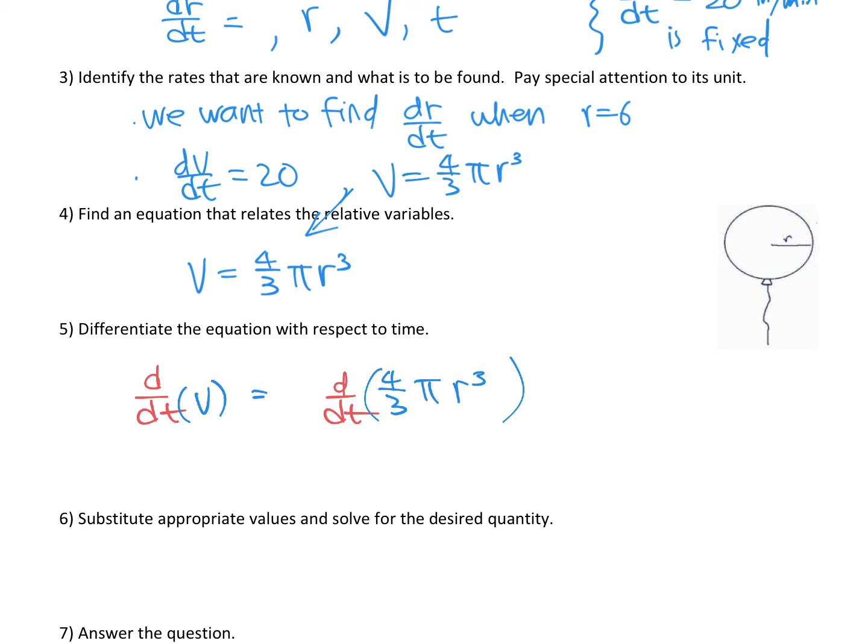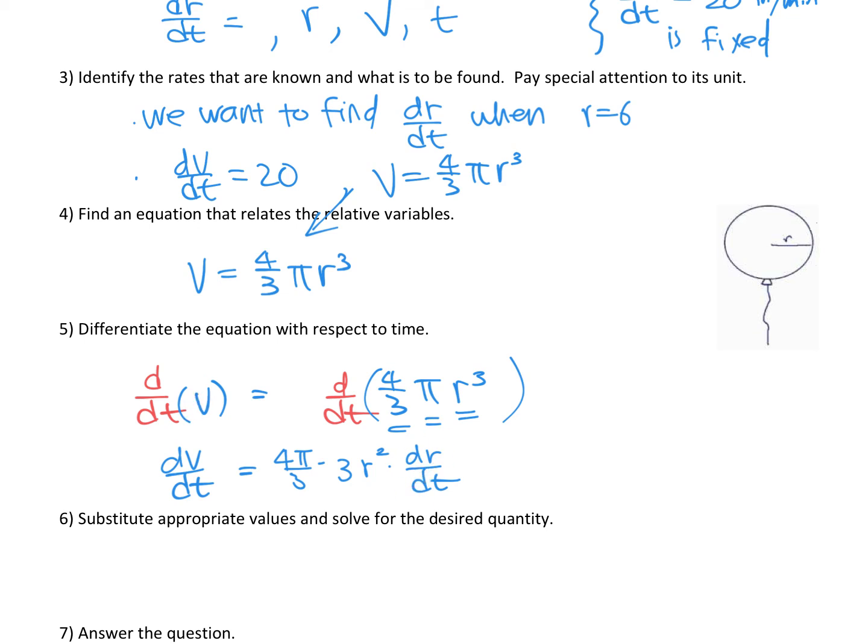So on the left hand side is just dV/dt. On the right hand side, this is constant, this is constant, so 4 pi over 3. I'm taking the derivative of r cubed, so that's 3r squared times dr/dt. Again, the reason I needed dr/dt is because I'm taking the derivative of r cubed with respect to t, they don't match, so I need that.